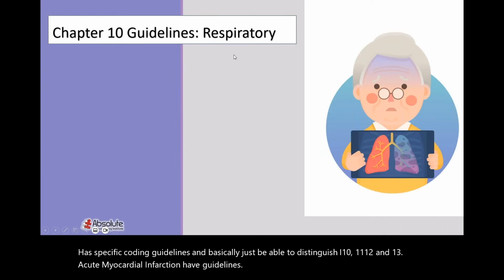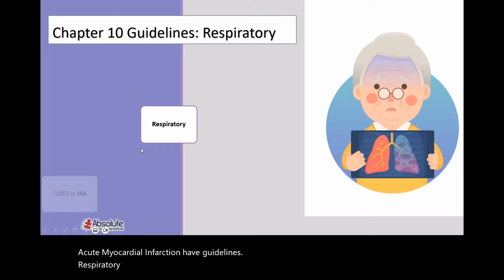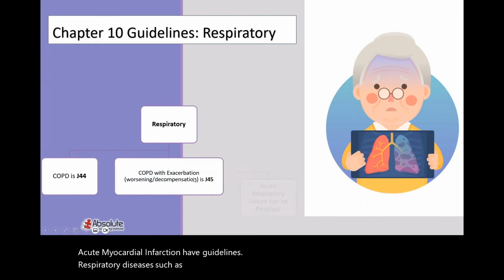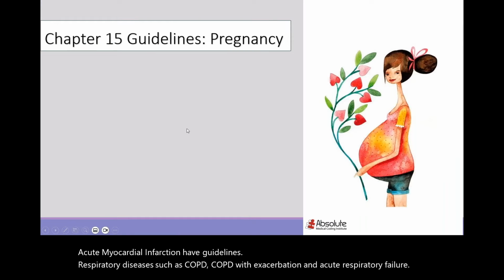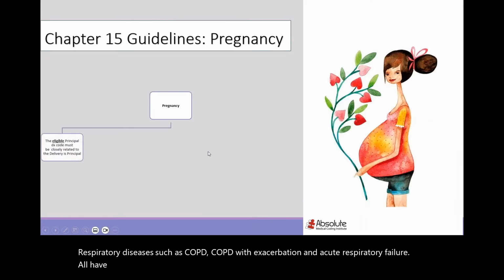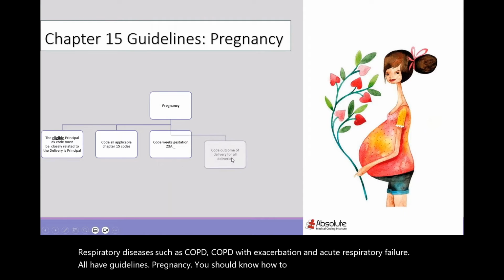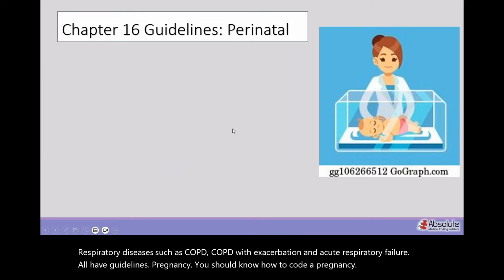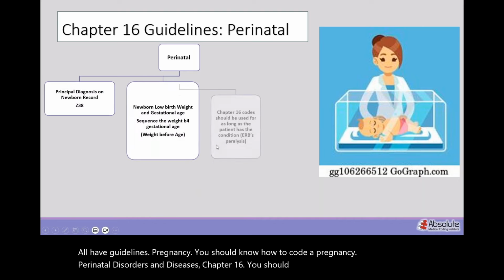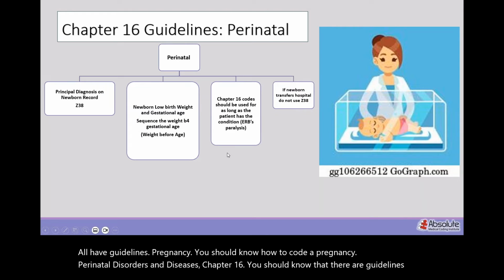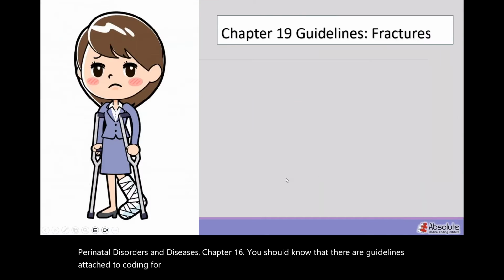You know, respiratory diseases such as COPD with exacerbation, and acute respiratory failure all have guidelines. Pregnancy, you should know how to code a pregnancy. Perinatal disorders and diseases, Chapter 16, you should know that there are guidelines attached to coding for perinatal conditions.